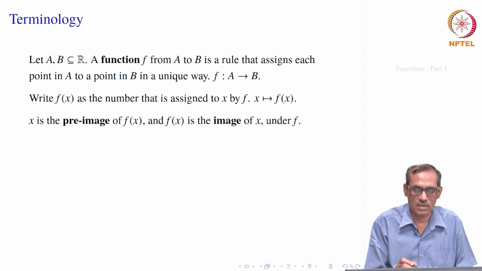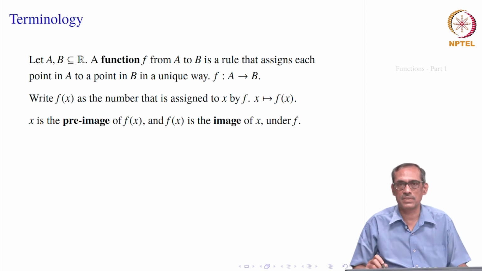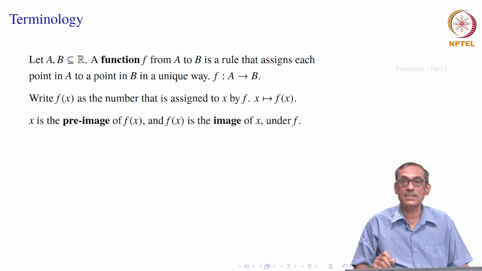Though f is the function, we will sometimes also write f of x as the function. Suppose f of x equals x square, which means 1 is taken to 1 and 2 is taken to 4 and so on. We will write just x square is a function, which really means f is a function where f of x is equal to x square.